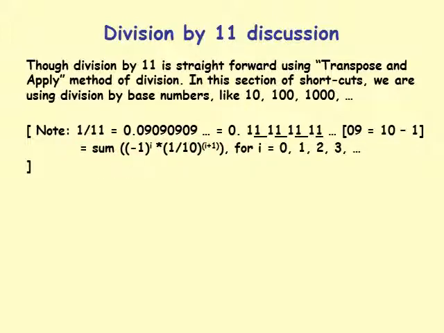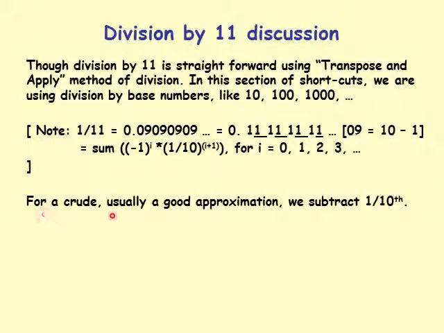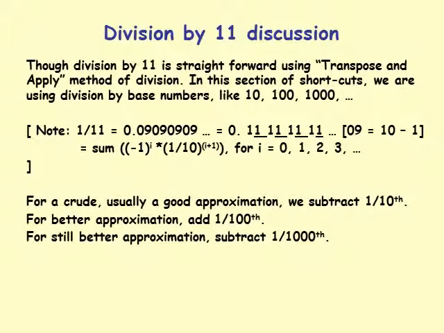For a crude, usually good approximation, we subtract a tenth, which is the first term here. We just truncate this series at this place. We won't go any further, so we can get an approximation by subtracting a tenth instead of an 11th. For better approximation, we add another term, adding a hundredth. So we truncate the series here.